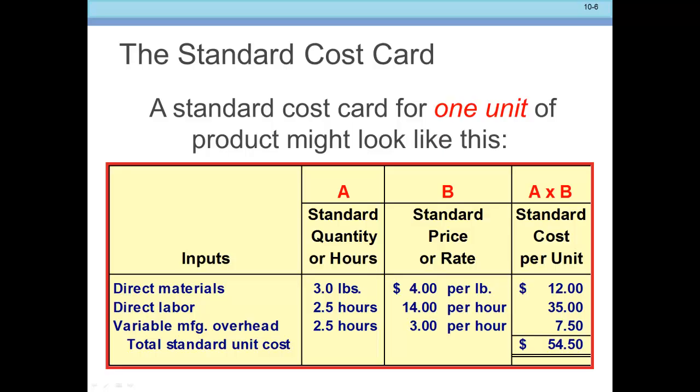In this example, our standard bill of materials tells us that we should expect 3 pounds of material to be used at a cost of $4 per pound for a total cost of $12 for materials to make one finished product. Total cost to manufacture a single unit of product is expected to be $54.50.